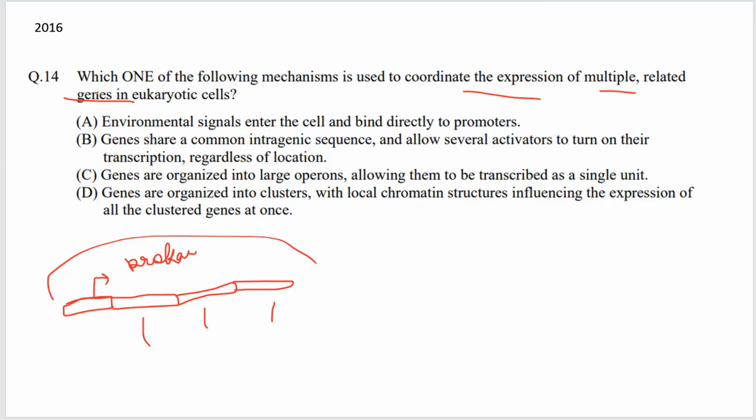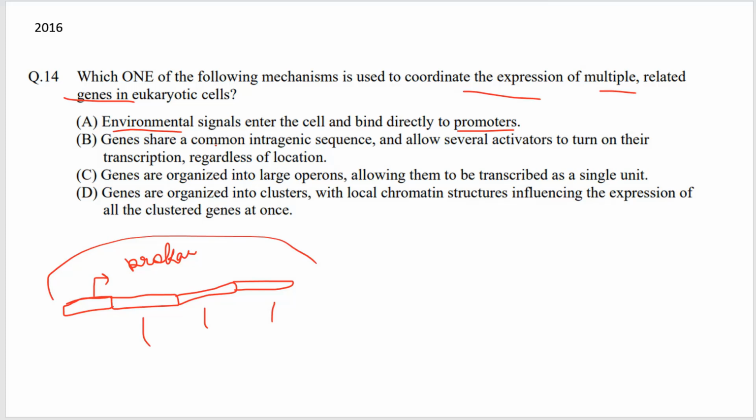What is the mechanism? The options are: first, environmental signals enter the cell and bind directly to the promoters. Second, genes share a common intragenic sequence that allows several activators to turn on their transcription regardless of their location.